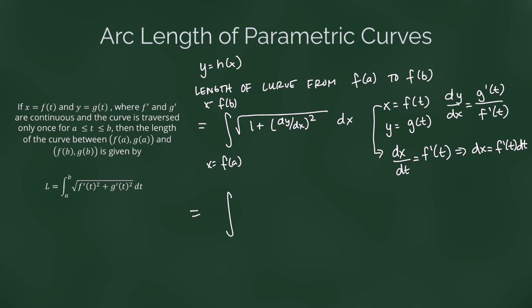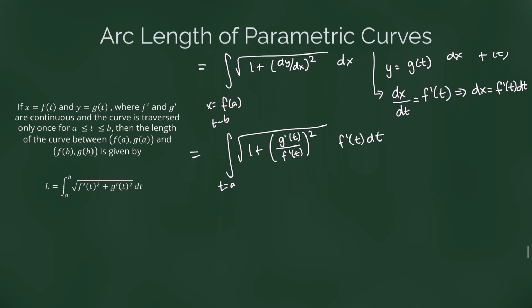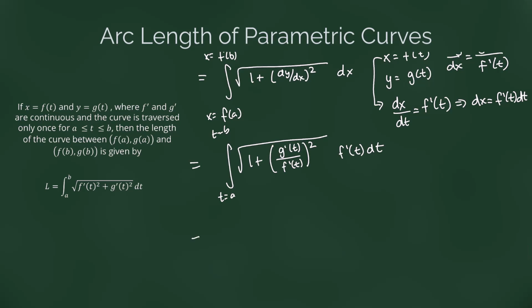If we switch everything to t's, t is equal to a and t is equal to b, this becomes 1 plus dy dx, which is g prime of t over f prime of t squared, and dx is f prime of t dt. So we've now rewritten the entire original expression that we knew from finding arc length of Cartesian curves into one that only involves t, and then we can just do some algebraic simplification.